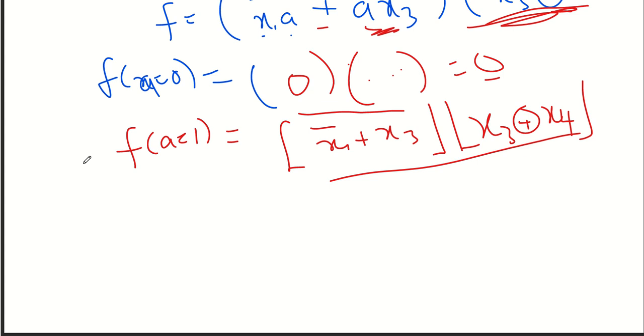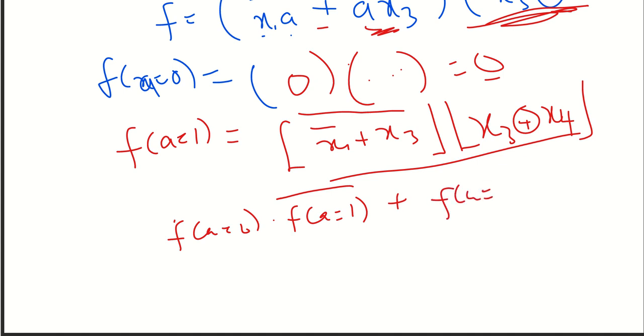Okay, so when we do an xor, it means I will have to do f of a when it is equal to 0, multiplying f of a when it is equal to 1 all bar, plus f of a when it is equal to 0 multiplying f of a when it is equal to 1.